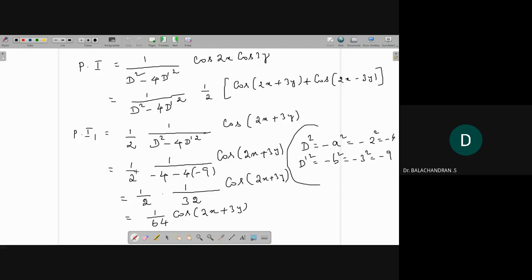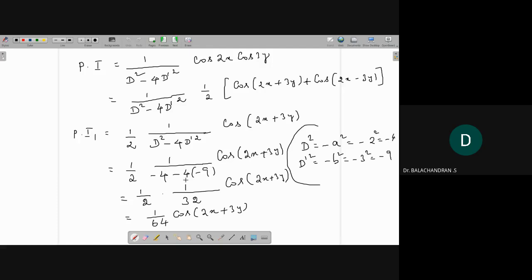So 1 by 2, 1 by D square by minus 4, minus 4 into D dash square by minus 9, into cos of 2x plus 3y.